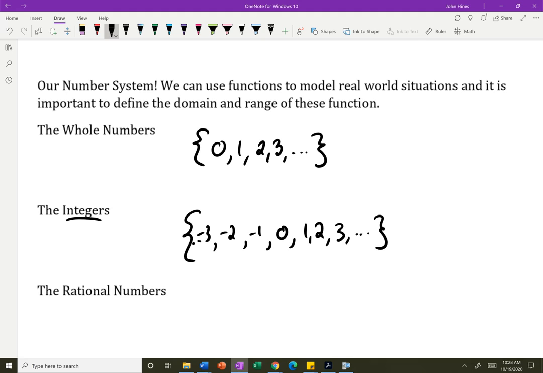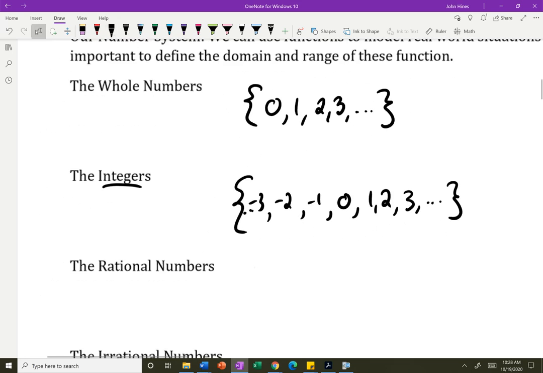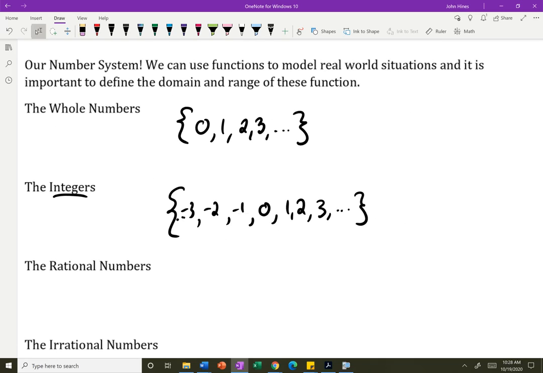So negative infinity all the way to positive infinity, but it's only those nice integer values. This allows us to subtract now. I could do 3 minus 7 and get -4. So the integers took addition and allow us to add and subtract now. The integers are just an extension of our whole numbers.